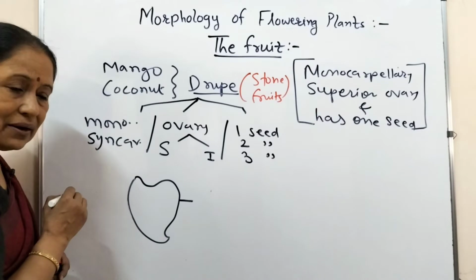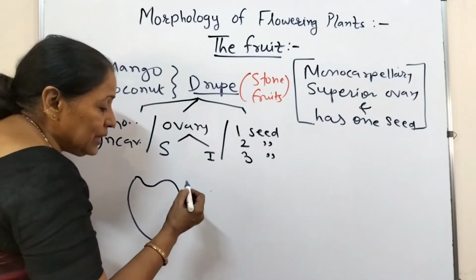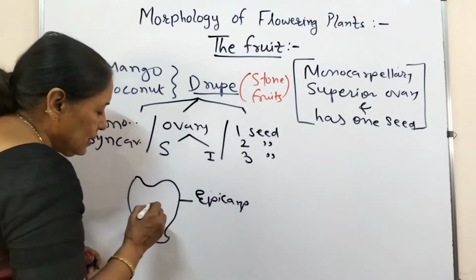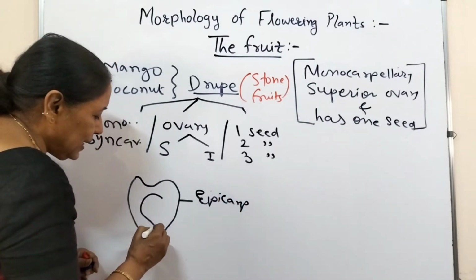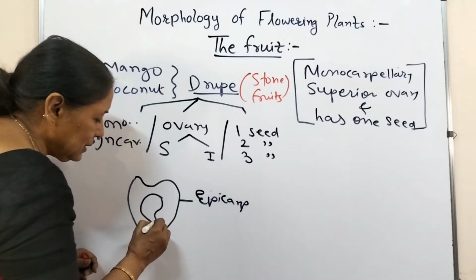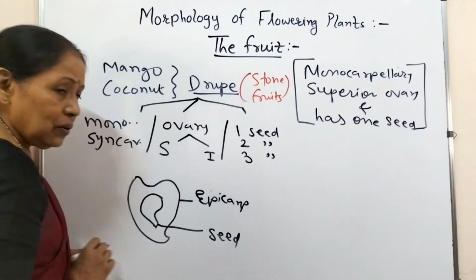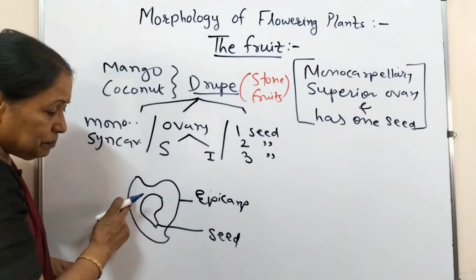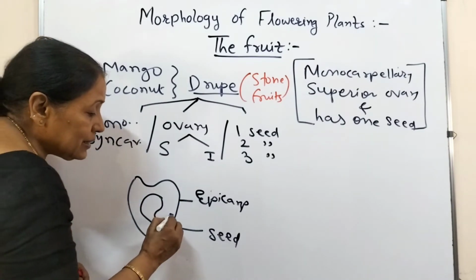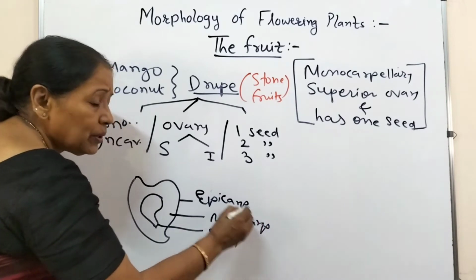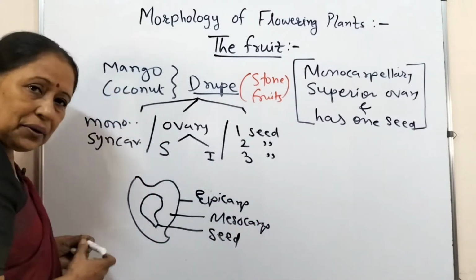This outermost covering, which you call the peel and remove, is the epicarp. Then here at the center you find the seed. Now, in between, the pulp which you eat is the mesocarp. So where is the endocarp?